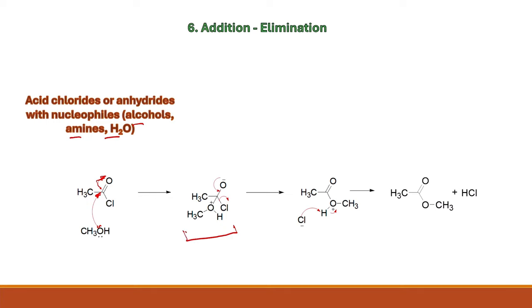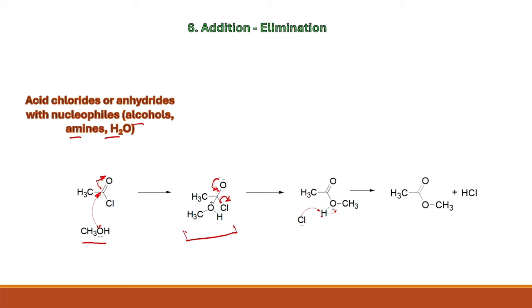Then the second step is the elimination, where the negative charge on the oxygen, the electrons that moved to the oxygen, will move back to make the double bond as a carbonyl group again. Then the chloride is going to leave, and this is the elimination step. At the end, if the attacking species is methanol, the methanol then has a positive charge on the oxygen.